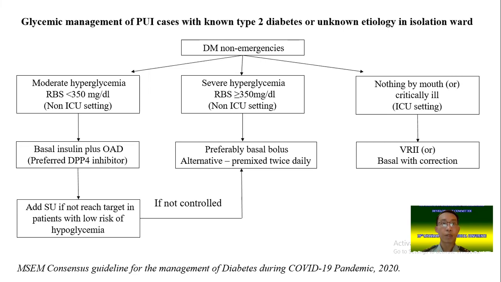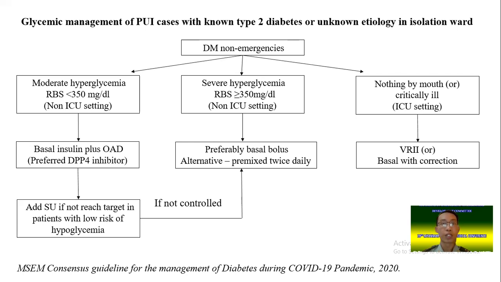This slide shows the glycemic management of PUI cases with known type 2 diabetes or unknown etiology in the isolation mode. If a patient's RBS is less than 350 milligram per deciliter, we can use basal insulin plus OAD, preferably a DPP4 inhibitor, and we can add sulfonylurea if the patient's blood glucose is not controlled.